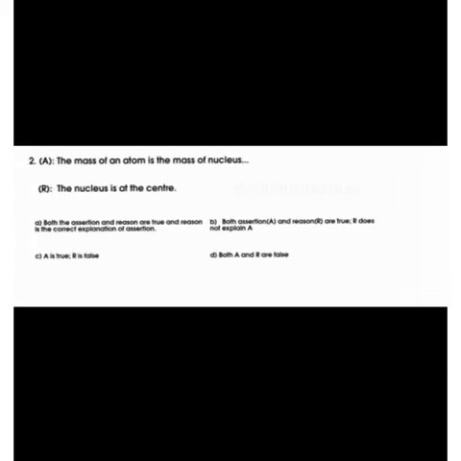The second one. Assertion: the mass of an atom is the mass of nucleus. Reason: the nucleus is at the center.